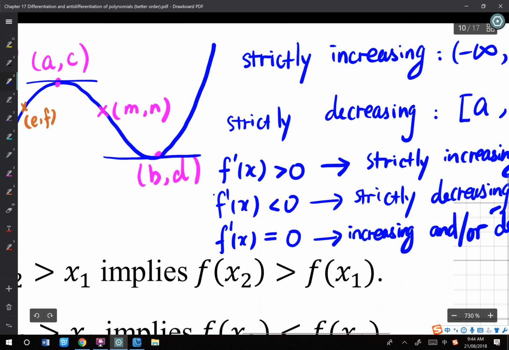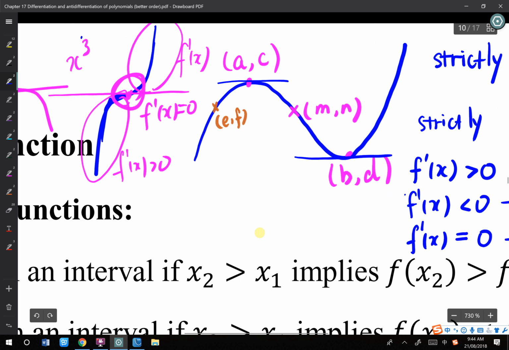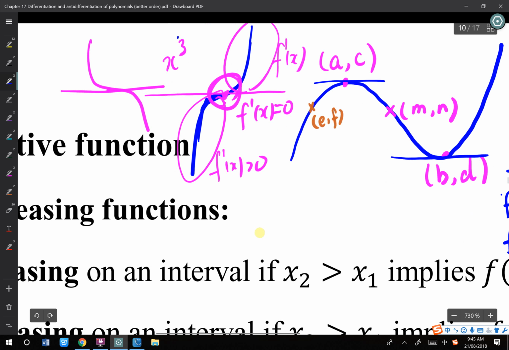Because think about this point A. It belongs to part of the strictly increasing function, and also belongs to the strictly decreasing function. So the point A is both increasing and decreasing. But think about those two graphs here, one is strictly decreasing, one is strictly increasing, only for those two on the left hand side. So you can't really tell.